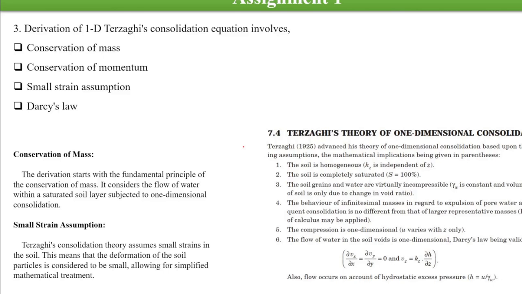Conservation of momentum is not involved, and we also take care that while we study the Terzaghi consolidation theory, we assume that small strains are happening in the soil. So the small strain assumption is also involved. Apart from that, in the list of Terzaghi's theory assumptions, Darcy's law is assumed to be valid for the soil, right? So in this one, I think three options can be valid.